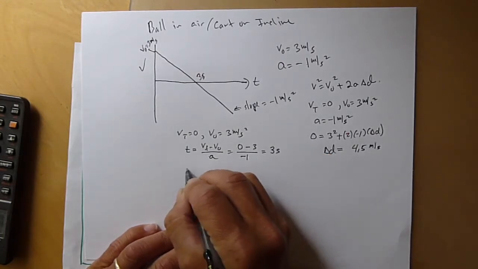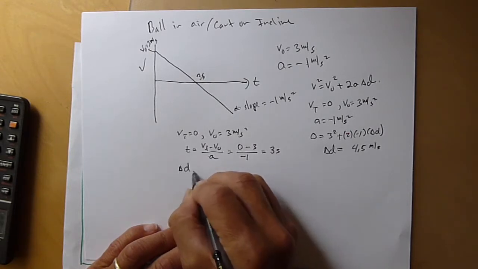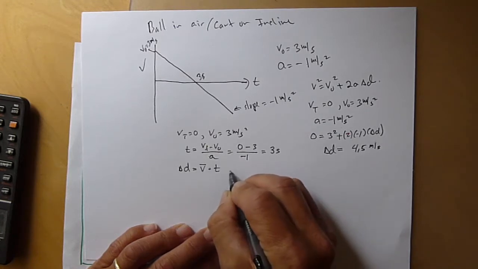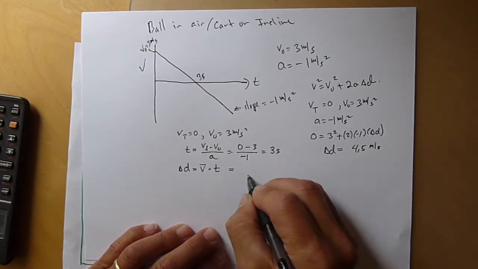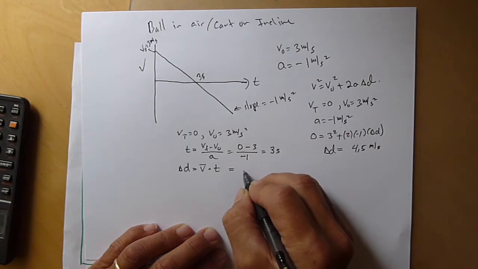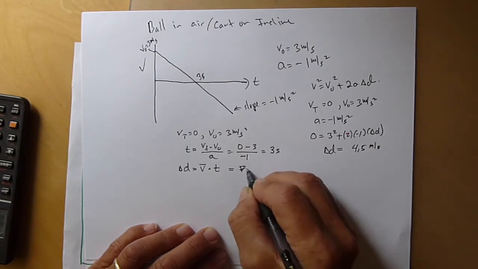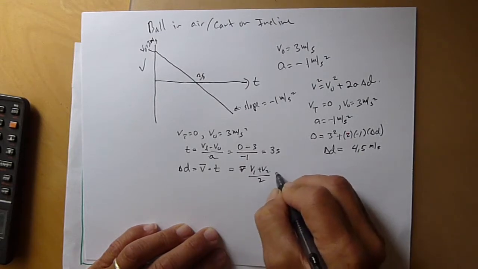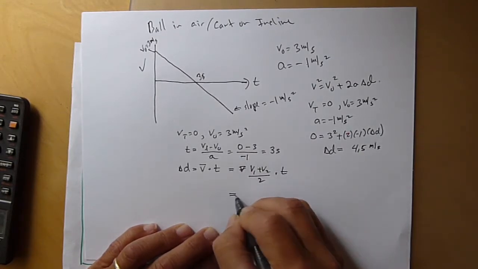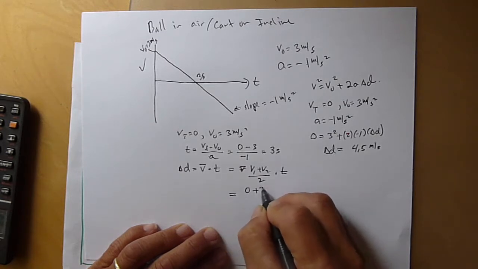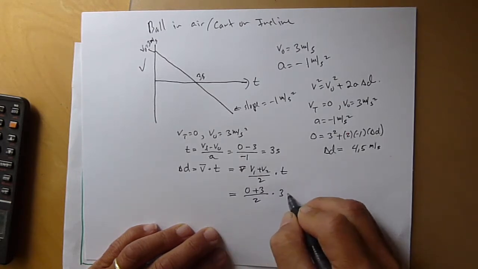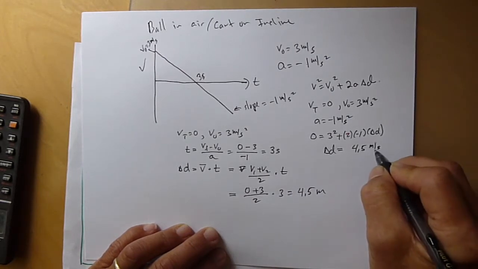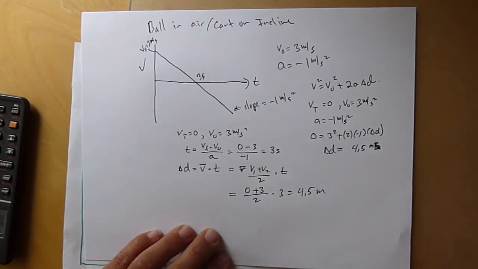And we also know that the displacement, delta d, is equal to average velocity times t. Remember, this only works for constant acceleration, but we have constant acceleration here. The average velocity is v1 plus v2 over 2, times t. So that's going to give me 0 plus 3 over 2 times 3, which is 4.5 meters.